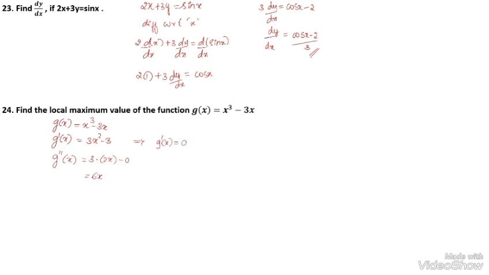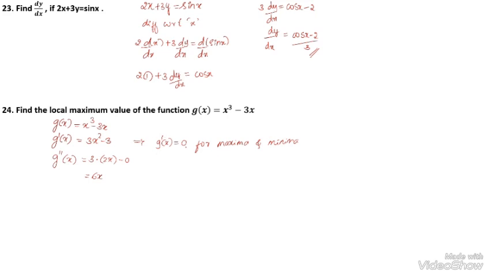Now I take g dash of x is equal to 0 for maxima or minima. Now I have to find the values of x, the critical points.